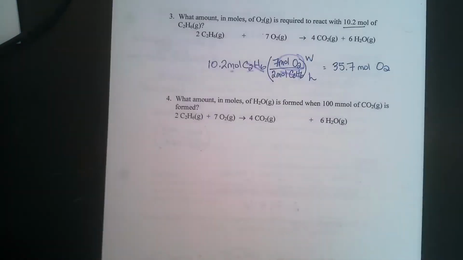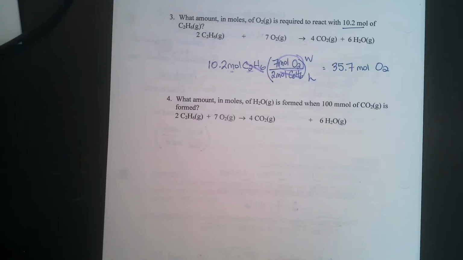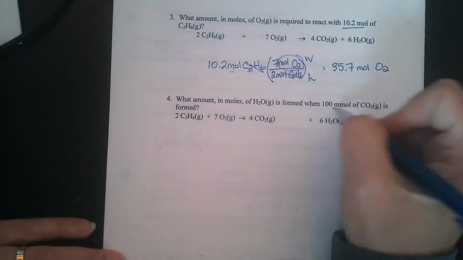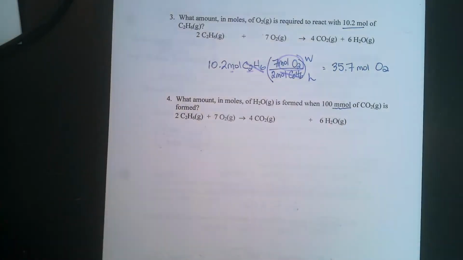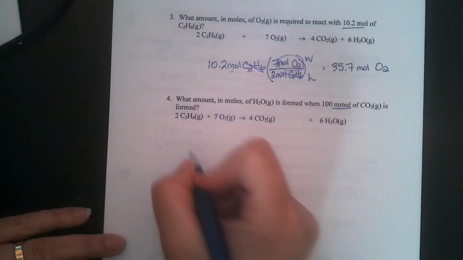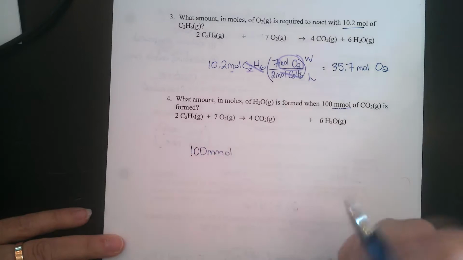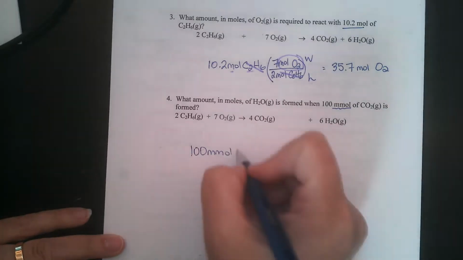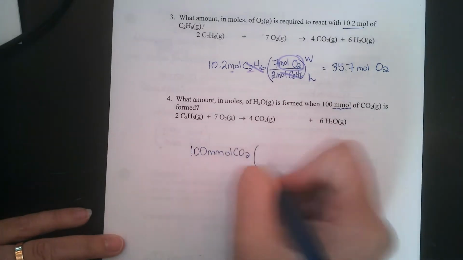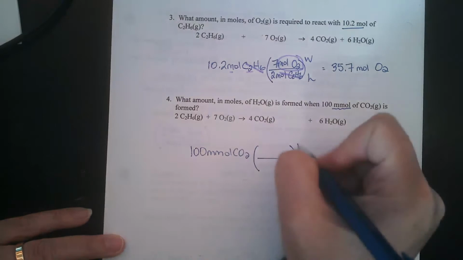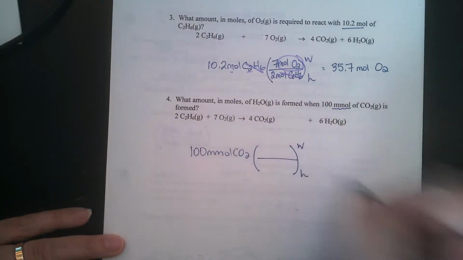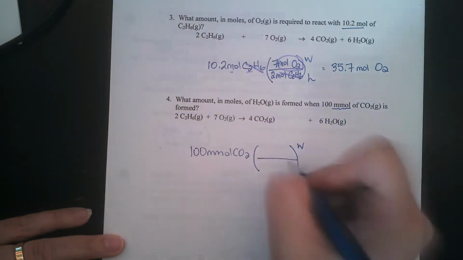It then goes on to say, what amount in moles of water is formed when 100 millimoles, don't get caught up in the units, of CO2 is formed. So I have 100 millimoles of carbon dioxide, and it's asking me for H2O.